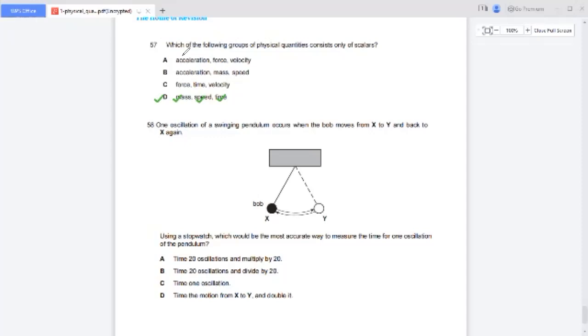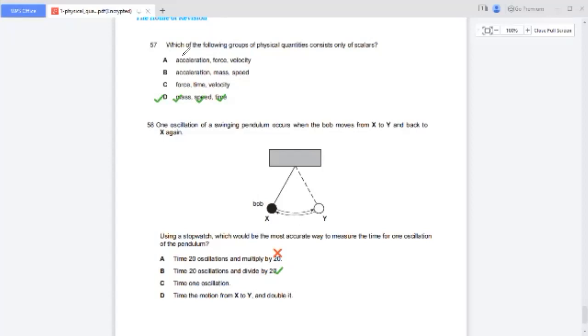In option A, 20 oscillations multiplied by 20 is false, because it makes no sense. 20 oscillations divided by 10, that looks fine.